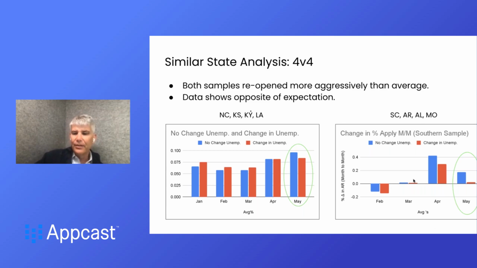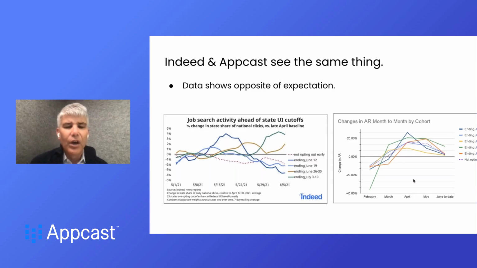And then our fellow analysts and economists over at Indeed published something that totally supported what we just found. They actually found that job search activity ahead of state unemployment cutoffs in general went down.